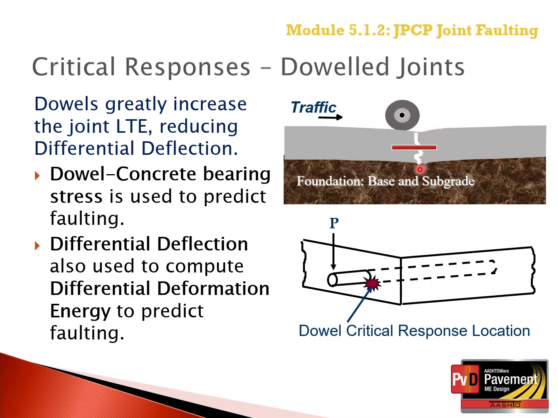An additional critical response variable for the doweled joints that impacts the load transfer efficiency is the dowel concrete bearing stress, with the differential deformation or deflection, or the density of energy of the subgrade.